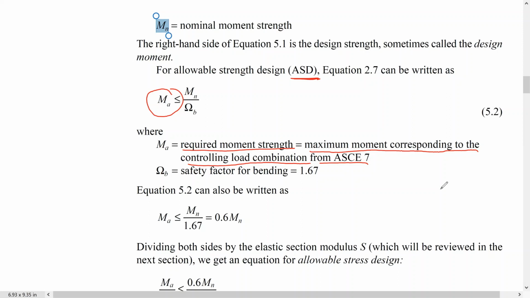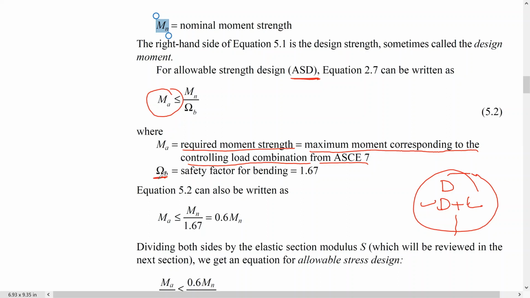I think case number 1 was D, case number 2 was D plus L, and so on. We have several cases. So here Ma is going to be the maximum moment under the controlling load case, and that will be the maximum moment.